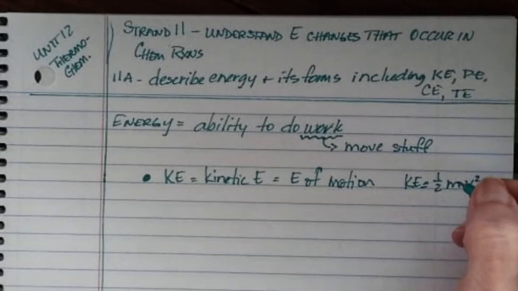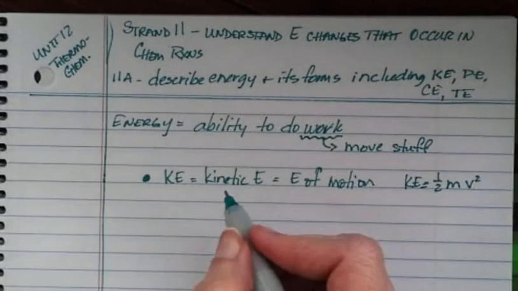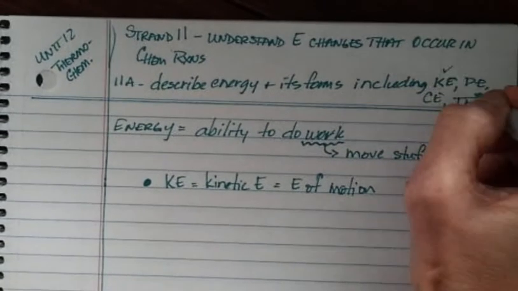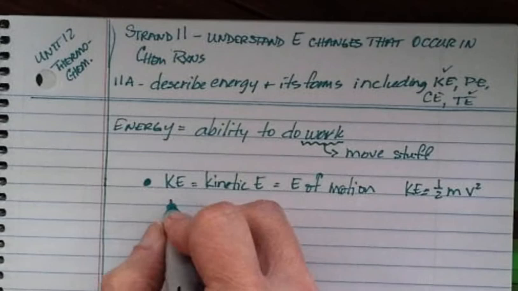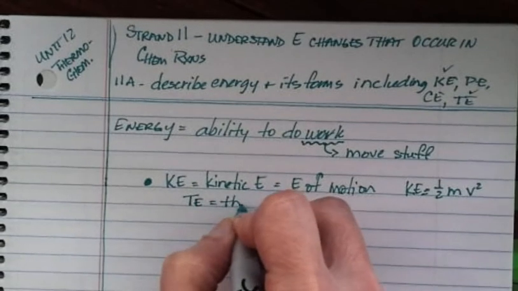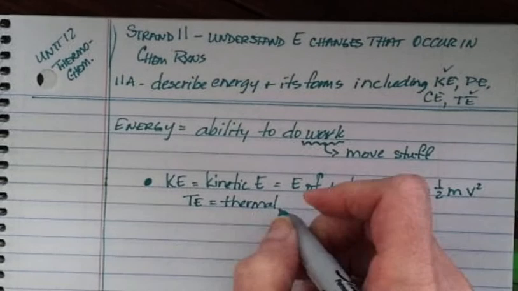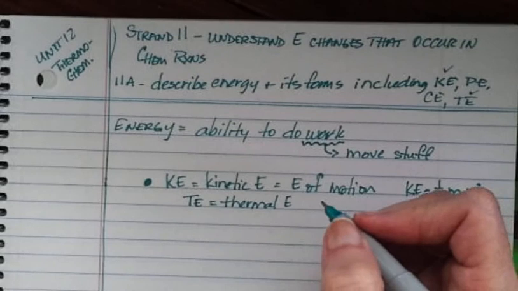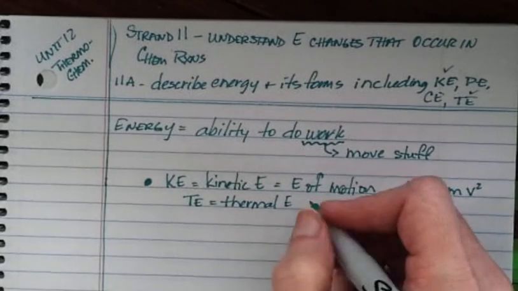Within that kinetic energy, we really can talk about thermal energy. So if you go up here to your TEK, within kinetic energy we can really talk about thermal energy. And you guys all know what the word thermal means, or the prefix therm means heat, right? So thermal energy is heat energy.